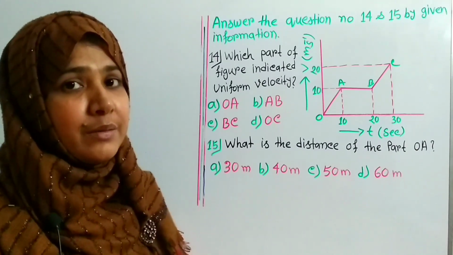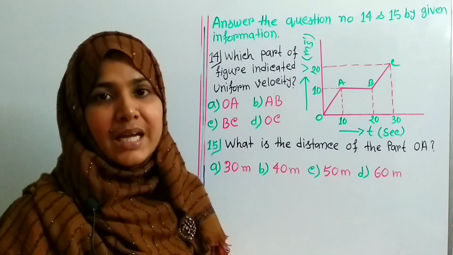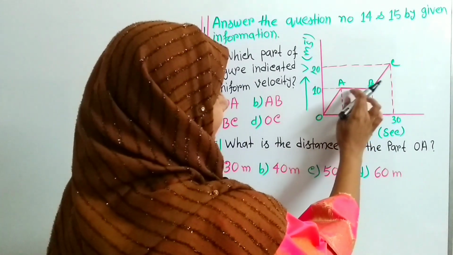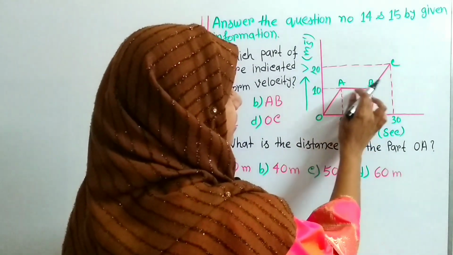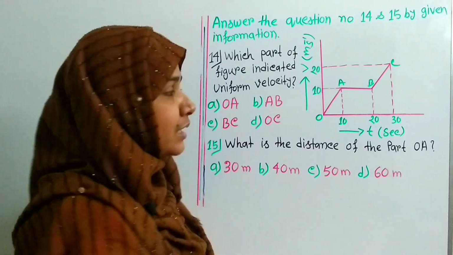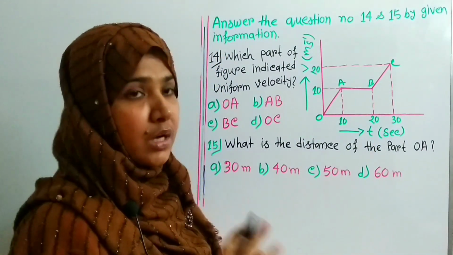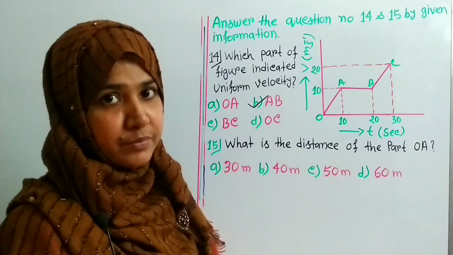Uniform velocity means the velocity which remains constant with time. So here you can see that in the part AB the velocity is constant, that is 10 meter per second. So we can say that this part indicates the uniform velocity. So our right option is option B, which is AB.